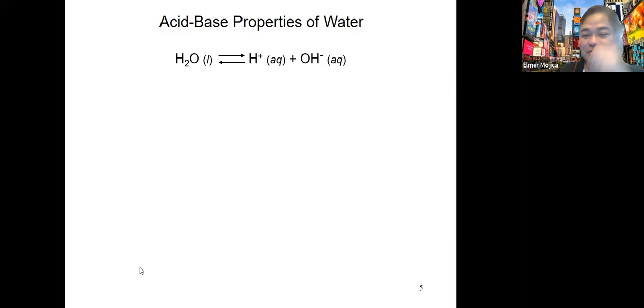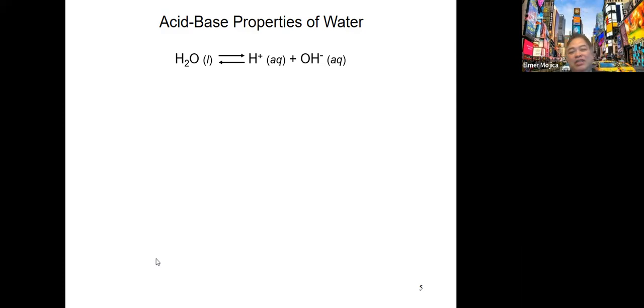The next thing that we do is water. What is unique with water? Bakit unique yung water? Because it is known as the universal solvent. They said Earth is alive because of the presence of water.